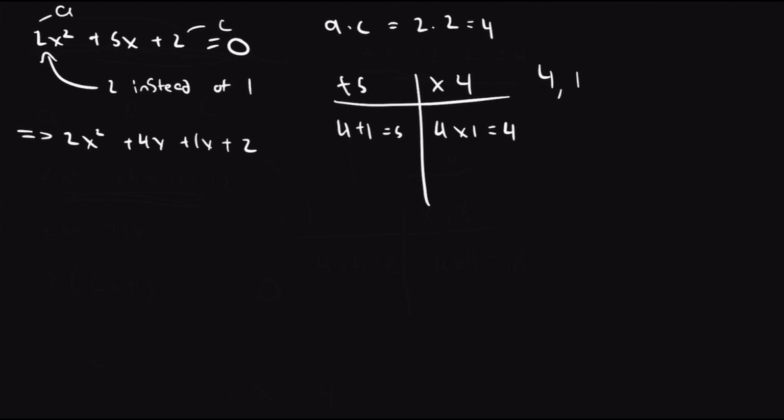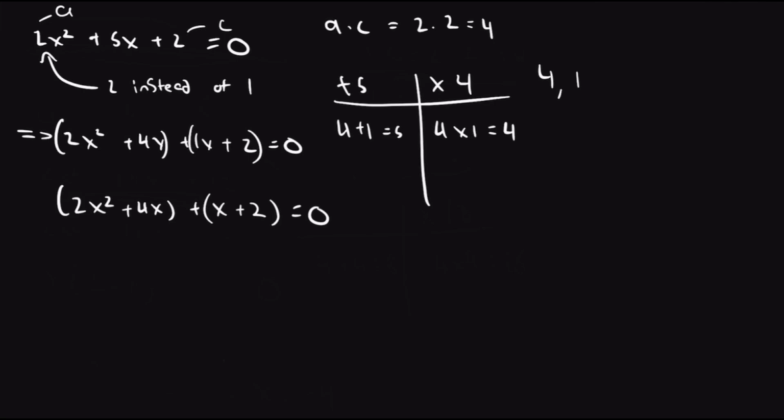This equals 0, don't forget that, and just like before, add brackets. So we're left with 2x squared plus 4x plus x plus 2 equals 0.